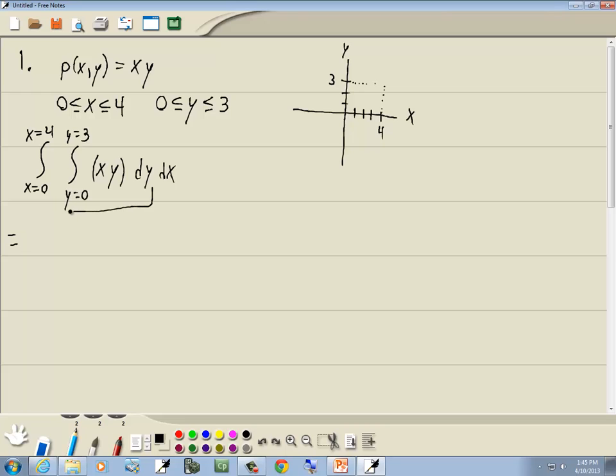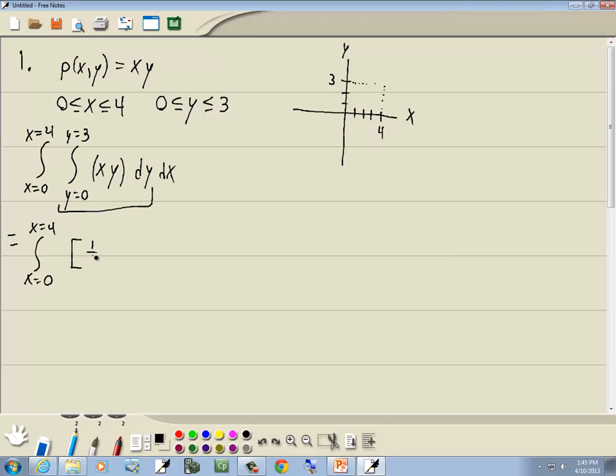Well, let's go ahead and do the inner integral first. It's going to go from 0 to 4. We're integrating with respect to y, so the x part is our constant. You can think of it that way. So for the y, we add 1 to our power and divide by our new power.